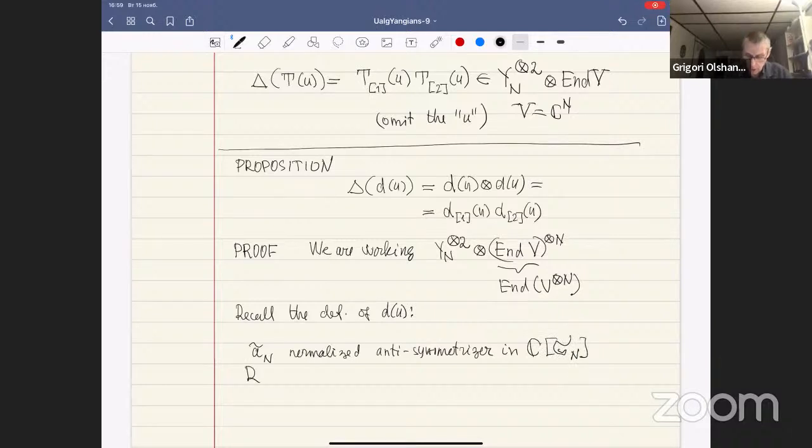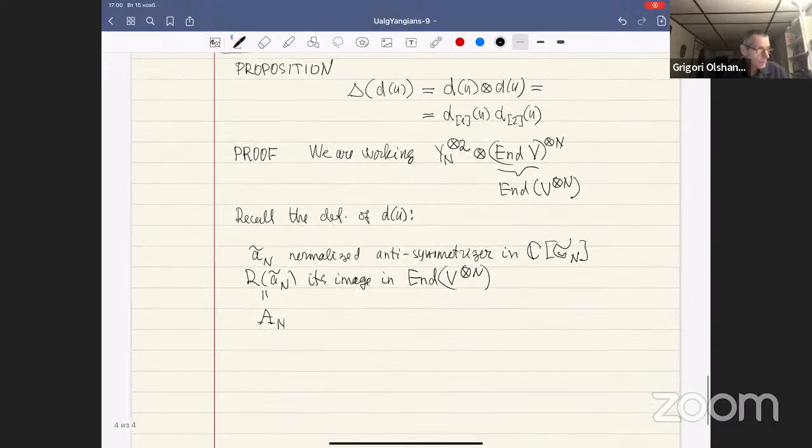And R is its image in this big endomorphism space. So simply the permutation group acts by permuting the copies. And so we get, and let me denote it to simplify the notation as follows. And with this notation, we have the following. Take the product.